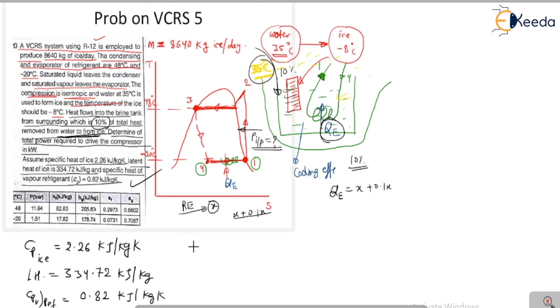Okay, my dear friends. Now you have to mention all these values on this graph. Let's figure out at 48 degrees Celsius.